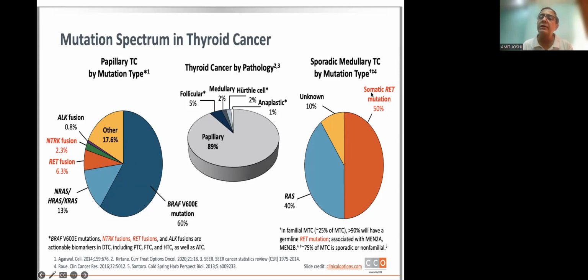The difference is that in medullary thyroid it's the RET mutation, whereas in papillary it's the RET fusion, which we will discuss subsequently. So from a targeted treatment point of view, if we have an inhibitor which blocks this target, we can give this treatment to a significant proportion of papillary thyroid patients on progression. Similarly, if there is any drug which inhibits the RET mutation, we can offer it on progression in medullary thyroid cancer.